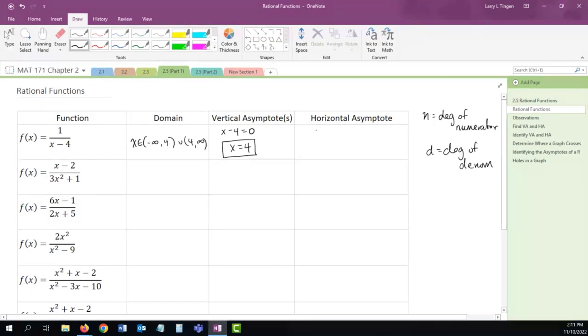So in this first problem, the numerator has a degree of 0. The highest power of x you see, there isn't one, so that's degree 0. The denominator's highest degree of x is 1, right? So when n is less than d, I get a horizontal asymptote at y equals 0.